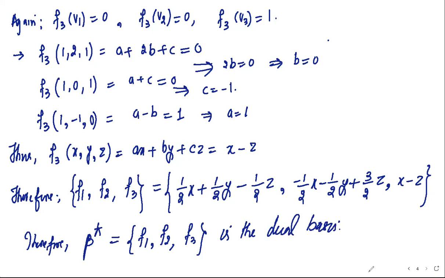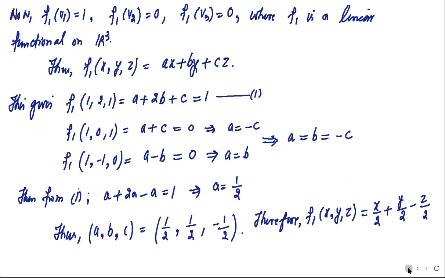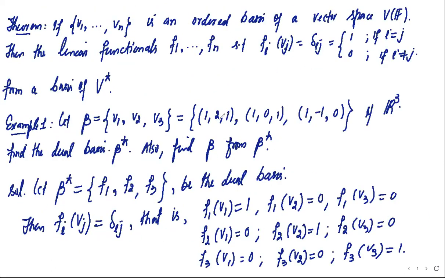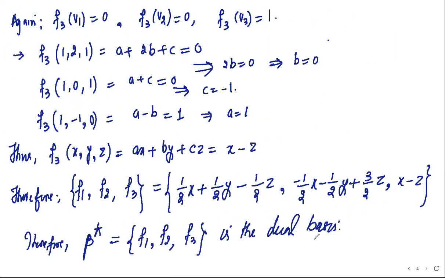And this is dual to the original basis beta. So we were given this basis beta, and now its dual is obtained as beta star. Now we will assume that this beta star is given, and then we will find out the ordered basis beta. So that will be actually the reverse part of the same question.